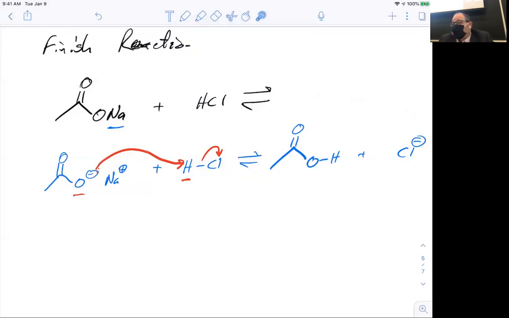Because it is oxygen negative, right? So therefore, where is the sodium going to end up in the product? Next to the negative, right? So that just floats over here. And since that has positive, I could draw this as sodium chloride.